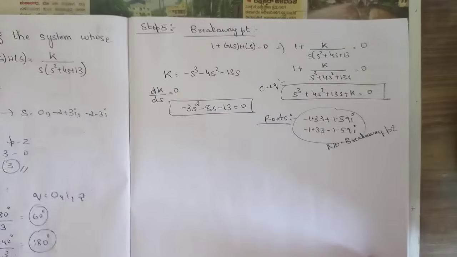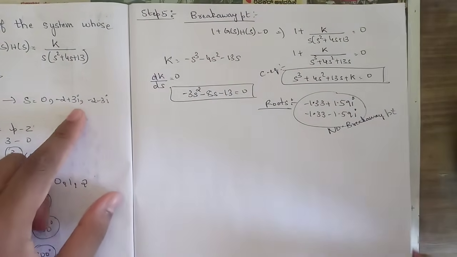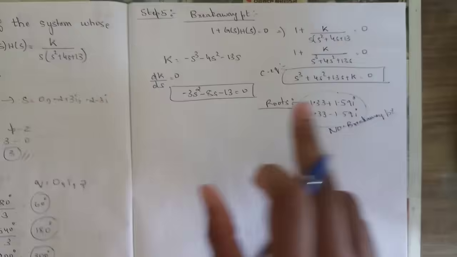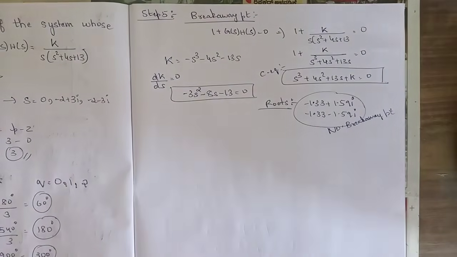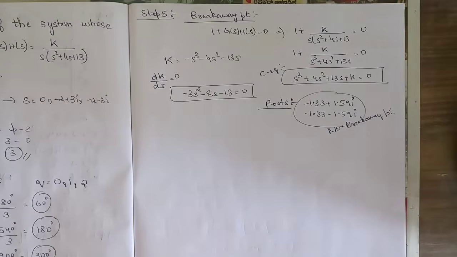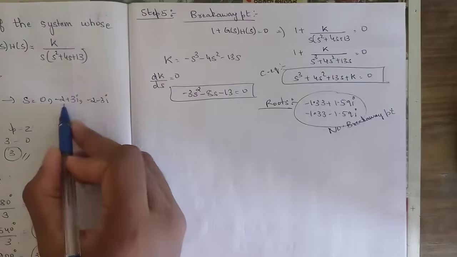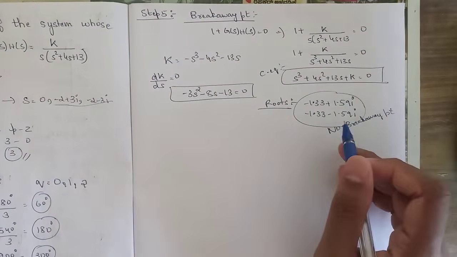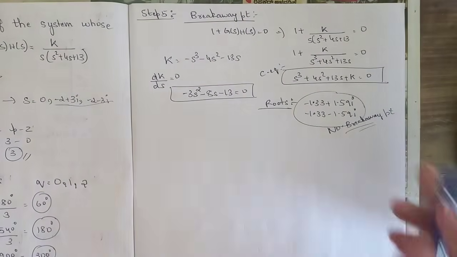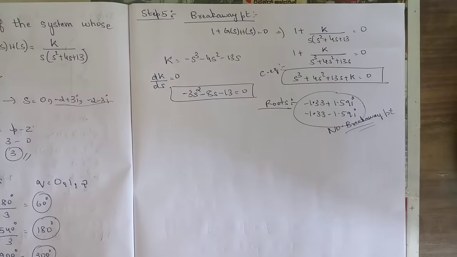After simplifying for the breakaway point we are again obtaining complex roots. So whenever we get complex roots, we can directly write that there is no breakaway point. So that's why whenever we get these kinds of problems and we get complex roots while simplifying, we can directly write that there is no breakaway point in this case. Okay, so there is no breakaway point.